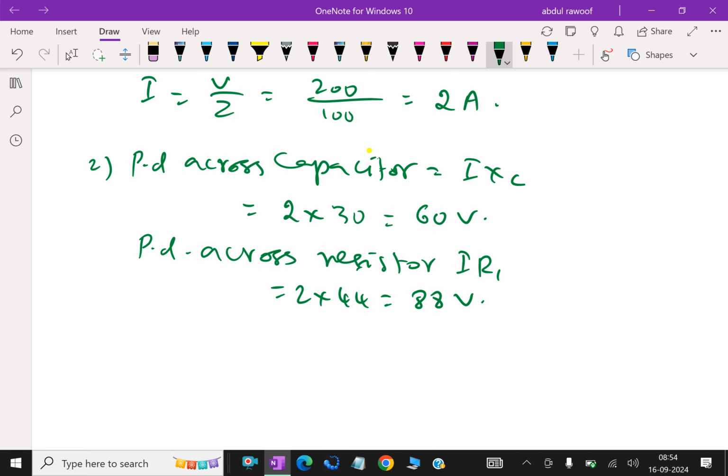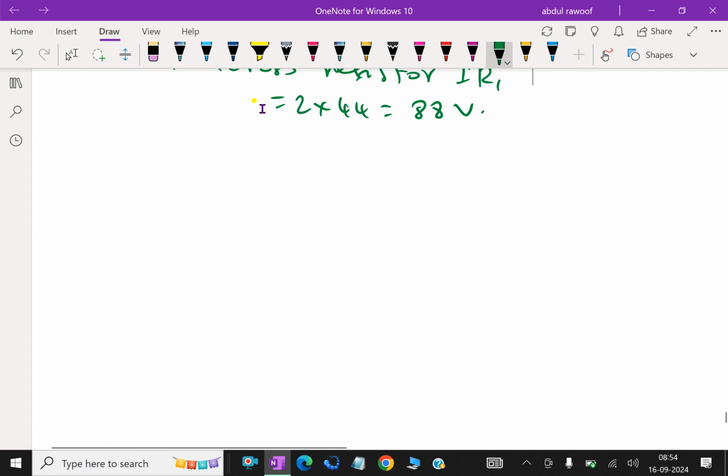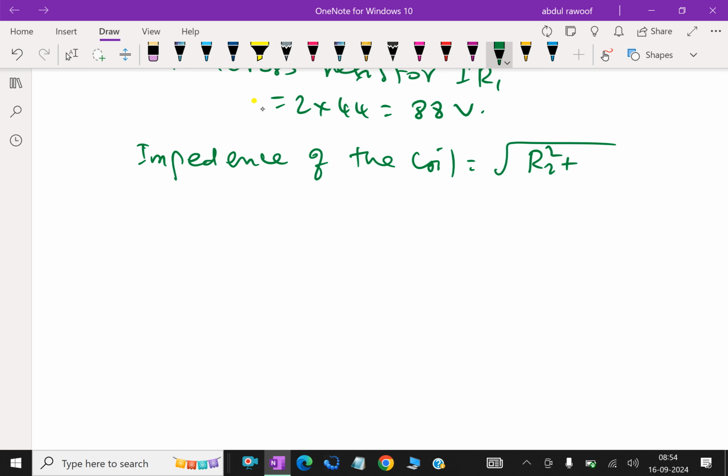Next, the third one. Before that, the impedance of the coil equals the square root of R2 squared plus XL squared, which is 36 squared plus 90 squared, which is equal to 97 ohms impedance.